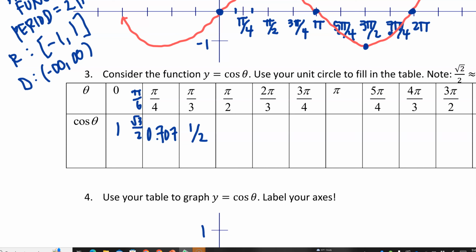Okay. All right, so what about cosine of pi over 2? So cosine of pi over 2 is what? Zero. Good deal. Okay, and cosine of 2 pi over 3. Good. A negative 1/2. Okay. Cosine of 3 pi over 4 is what?